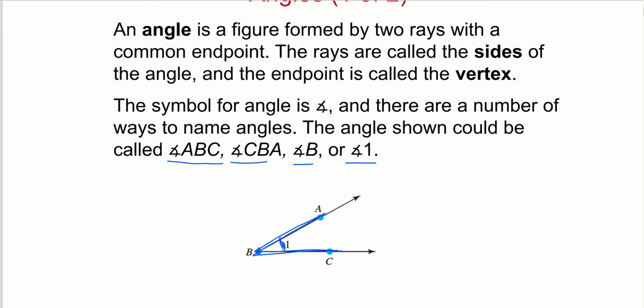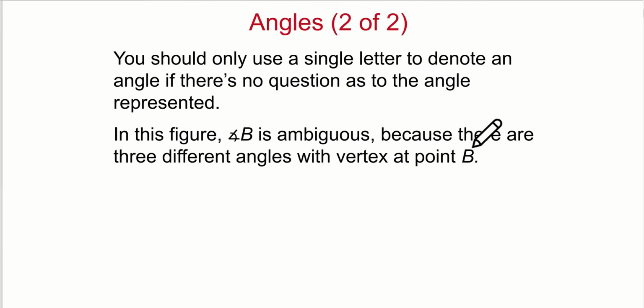So oftentimes we have multiple ways to name an angle depending upon how it's configured and set up in a picture. We would say that BA and BC would be the sides of the angle, and the point B would be the vertex. It's where the two lines meet.